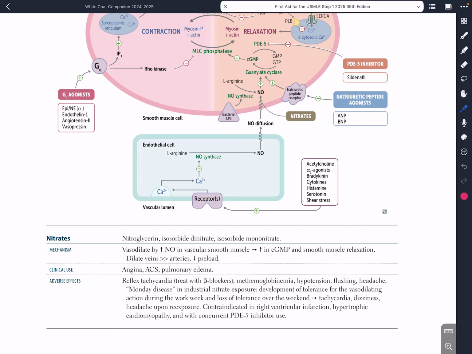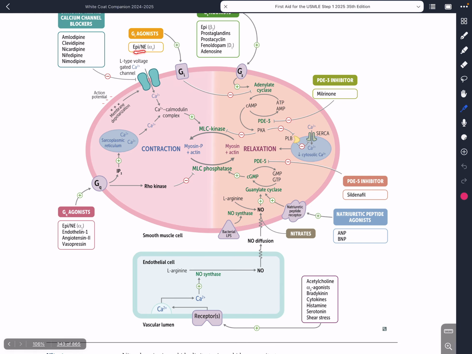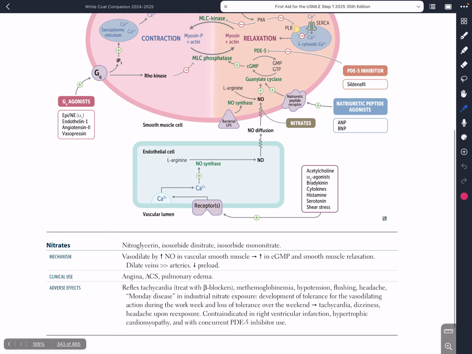This is actually very important, guys. So the acetylcholine receptor is activated by alpha 2 agonists, and we just read that alpha 2 agonists are epinephrine and norepinephrine. Also bradykinin and cytokines.